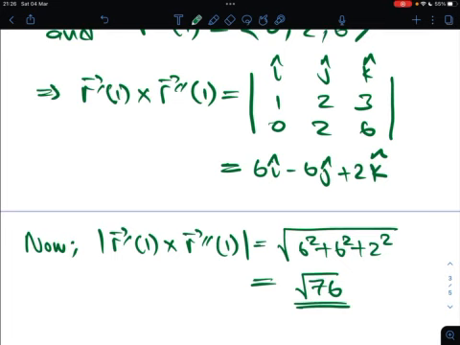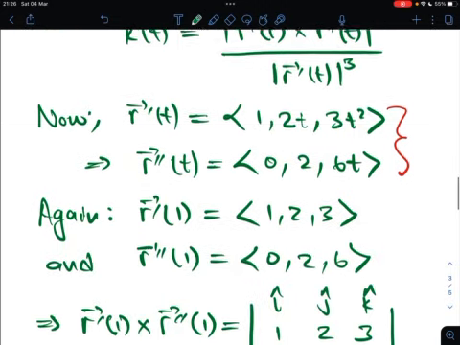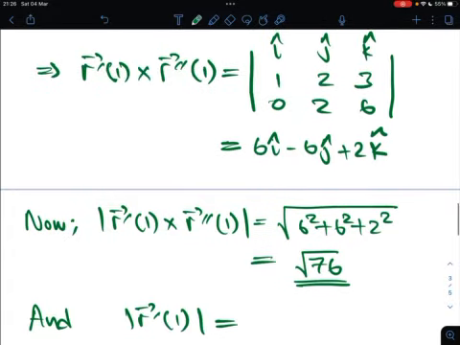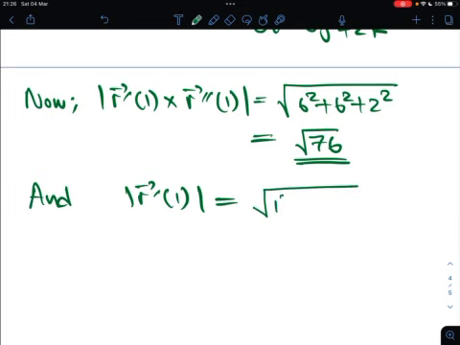Then, we also need to know the absolute value of r prime of 1. So what is the absolute value of r prime of 1? We see r prime is just 1, 2, 3, so it's going to be root of 1 squared plus 2 squared plus 3 squared, which gives us 1 plus 4 plus 9, which is 14.